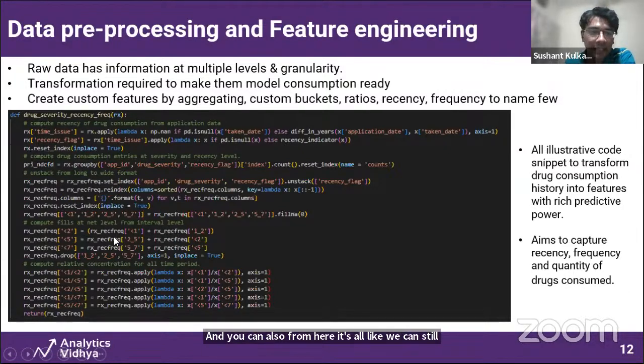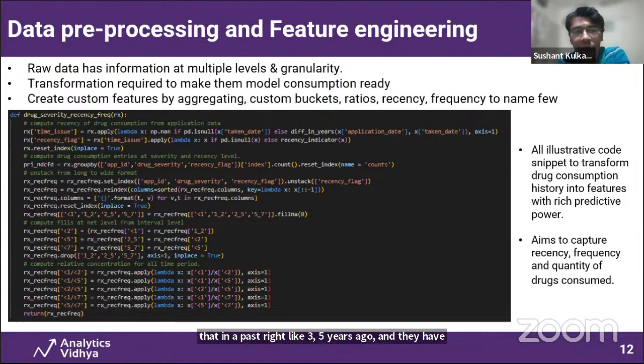Here we are trying to capture some more trends. Somebody may have taken a lot of high frequency or high severity drugs, but they could have taken them in the past, like 3-5 years ago, and they have recovered. That is probably not much of a concern, versus somebody who has been taking them in the more recent past.